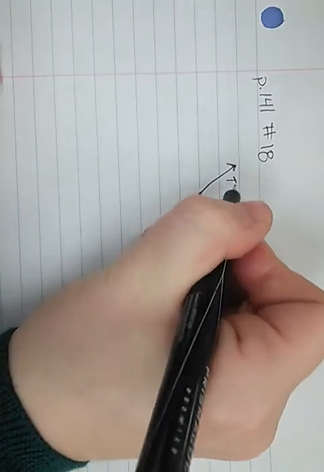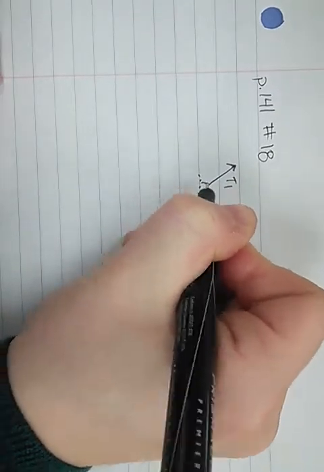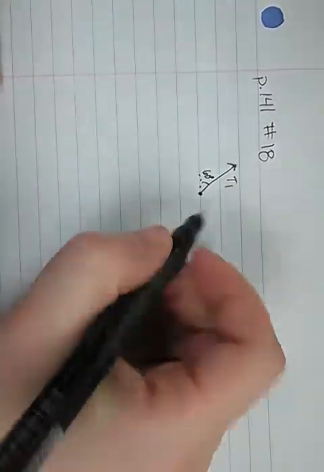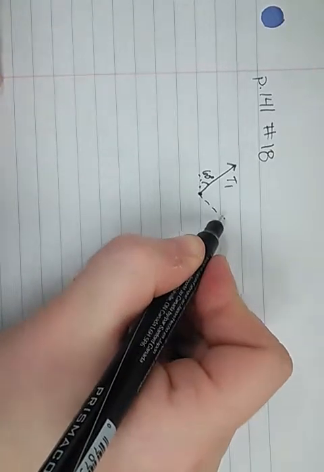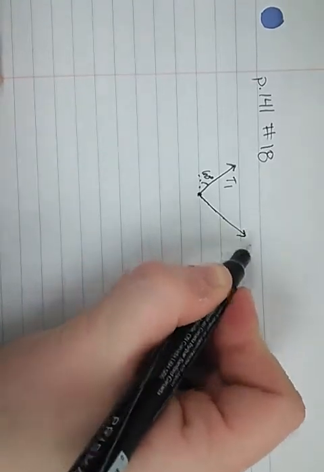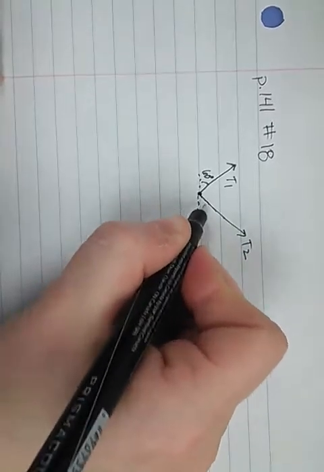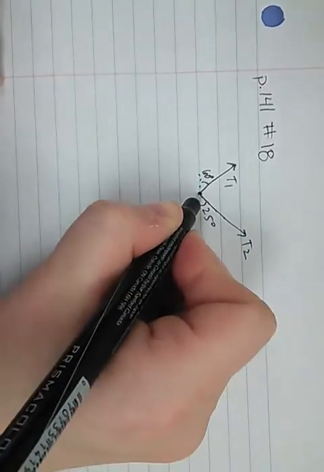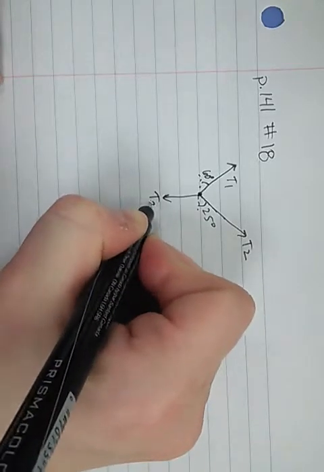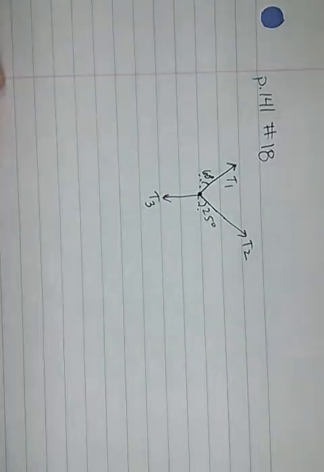So here we have T1, angle 60 degrees, T2, angle 25 degrees, and then T3 going there.